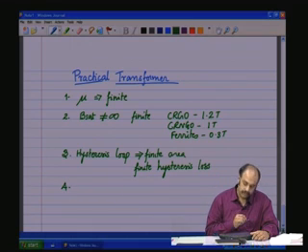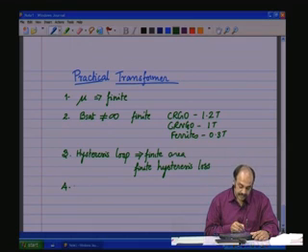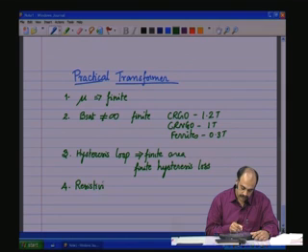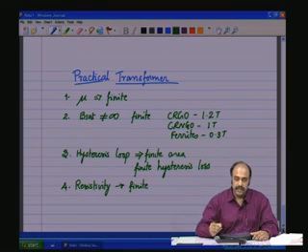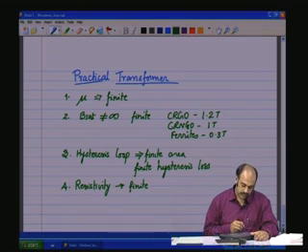And the fourth, the resistivity of the core material is not infinite, but is finite, which means there is some finite eddy current loss.